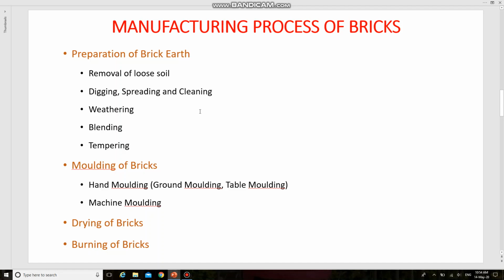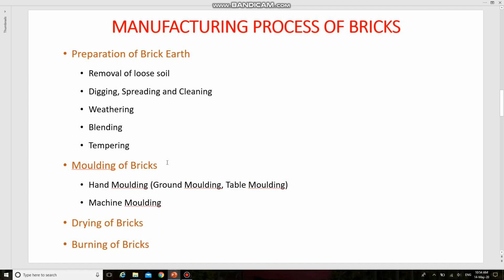And the second step is molding of bricks. This can be done by hand molding or machine molding. In case of hand molding, a rectangular box with open top and bottom is used, it may be of wood or steel. A typical mold may be a rectangular box-like structure.